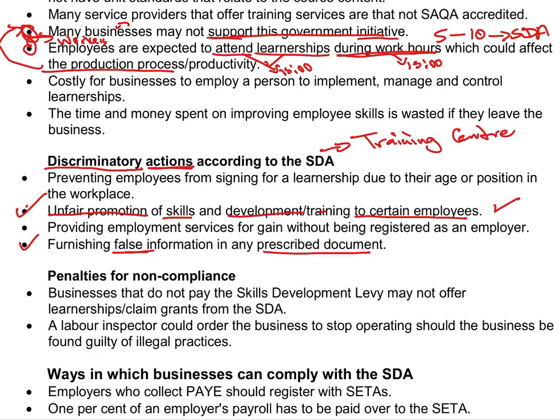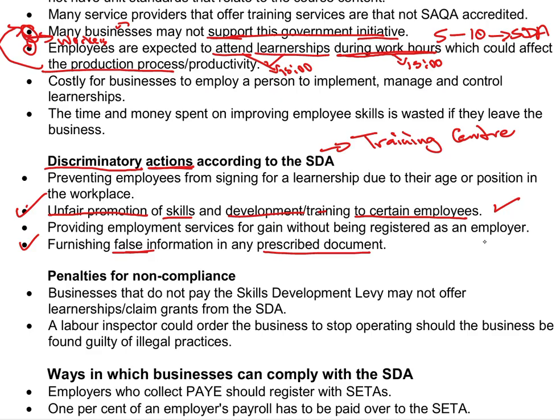So when they are talking about documents, they are simply saying it means lying or giving wrong information on official SDA paperwork, like fake training reports, pretending to meet levy payments, claiming non-existent leadership. For example, a business submits fake proof of employees' training to get a grant, or penalties apply.